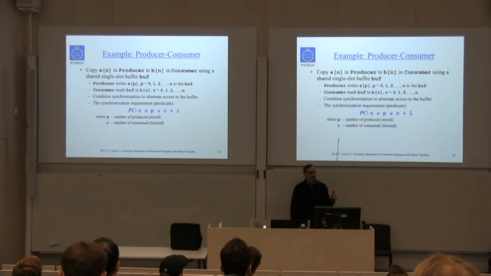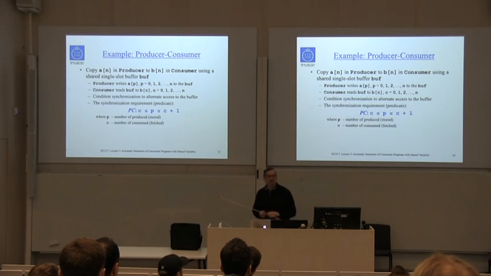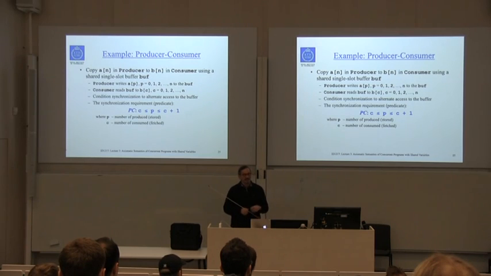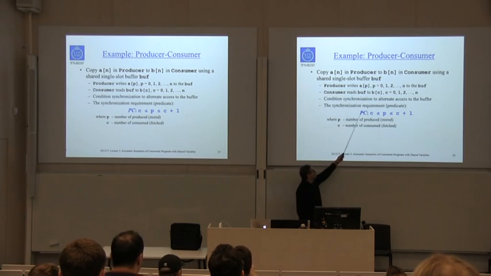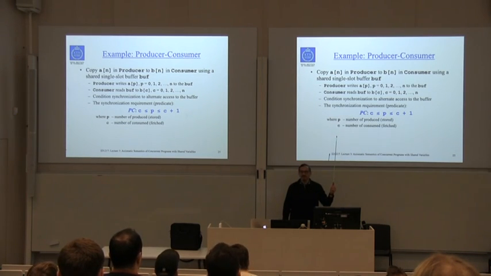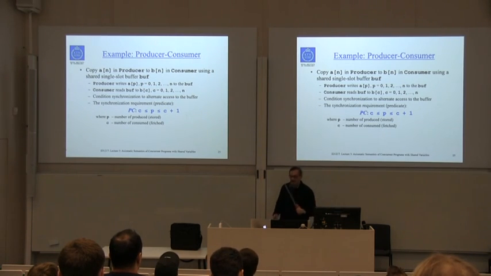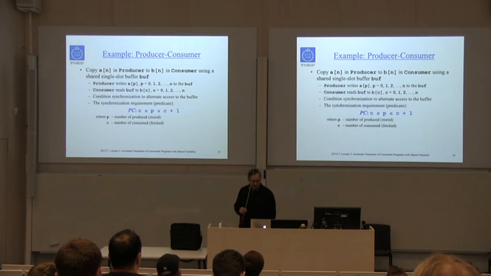Why? Because we cannot consume more than has been produced so far. And P should be at most C plus 1, could be, not should be, could be. Why? Because we have a single slot buffer. We have already considered this predicate, and this is a global invariant. It should always be true with respect to the values of C and P, in any state.